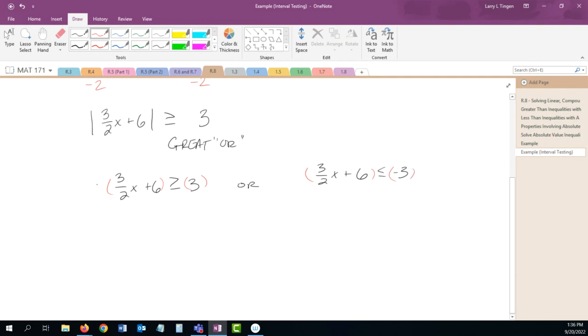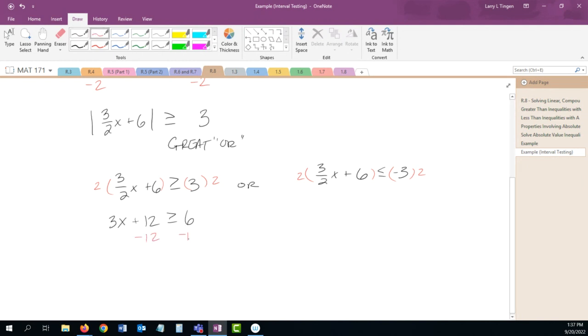That fraction in there is going to cause problems if we don't do something about it, because multiplying or adding and subtracting fractions is where everybody's head just gets messed up. So 2 times 3 halves is 3x, plus 6 times 2 is 12, greater than or equal to 6.